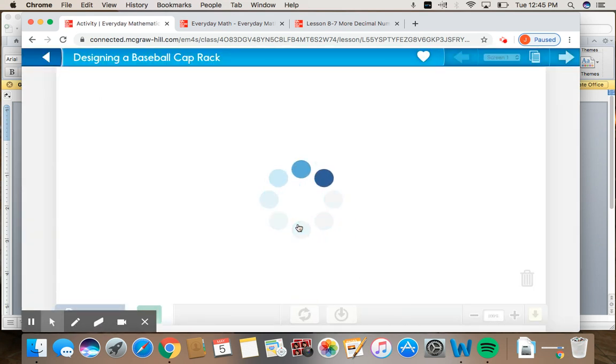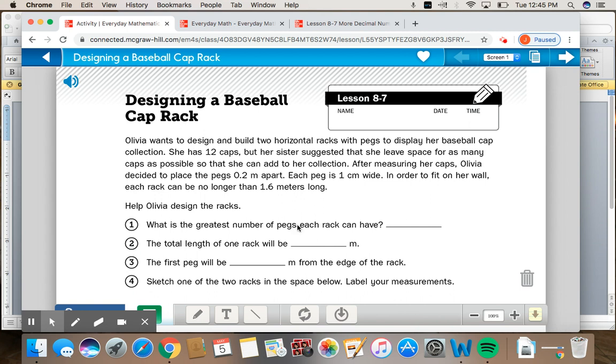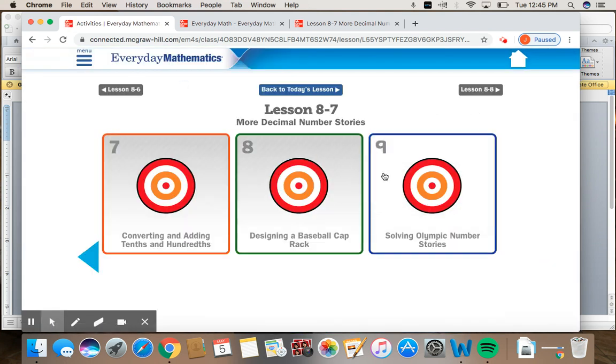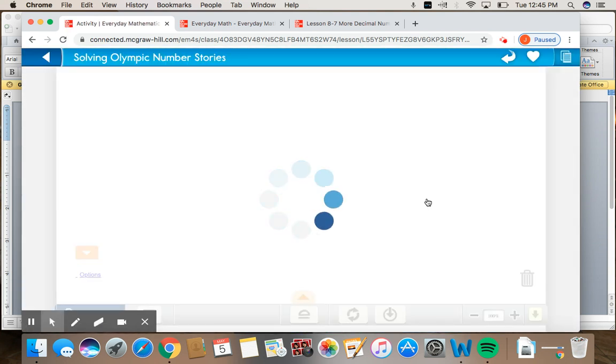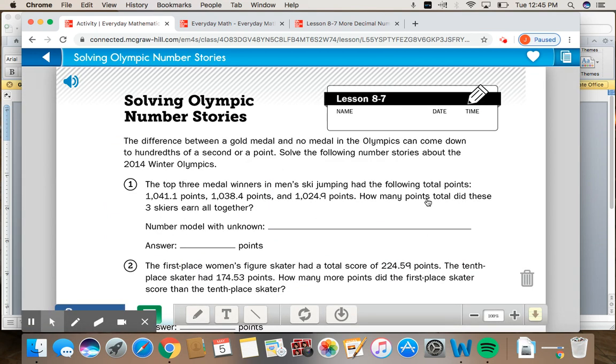Okay, here's another activity that you can work on. And here's one more thing that you can do for some extra practice.